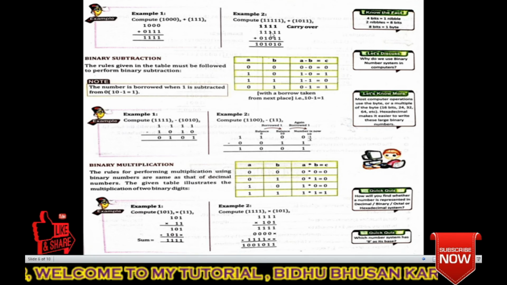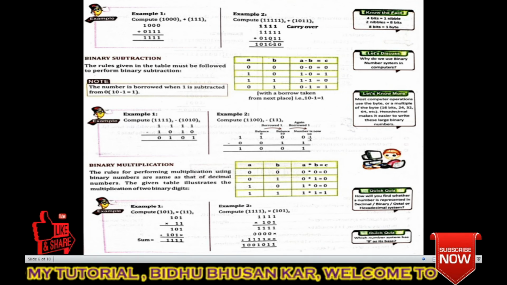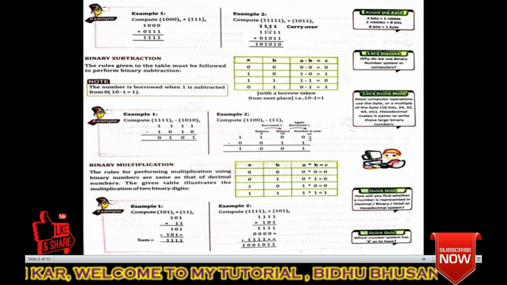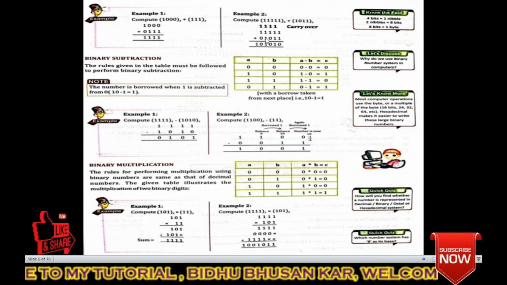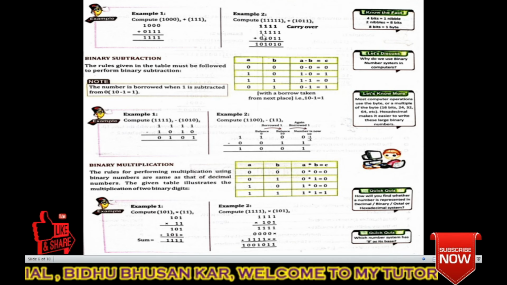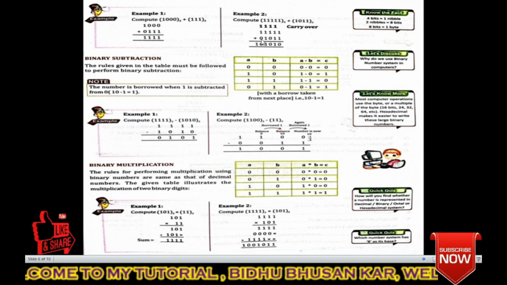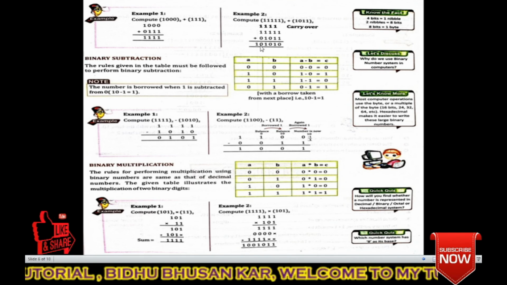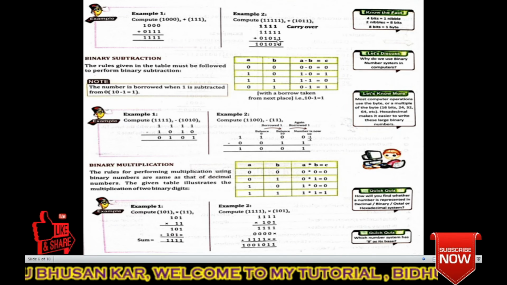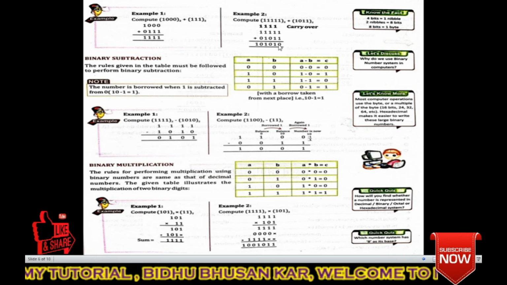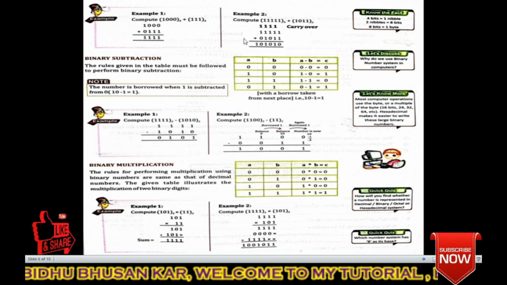So again 1 plus 1 is 10, 10 plus 0 is 10, keep 0 and carry 1. 1 plus 1 is 10, 10 plus 1 is 11, so we keep 1 here, then carry 1 here, then 1 plus 1 is 10, 10 plus 0 is 10, again 10. Understood? This type of calculation is done in the computer. This is not a normal calculation, this type of calculation is done in the computer.